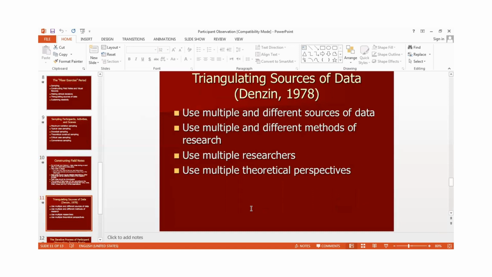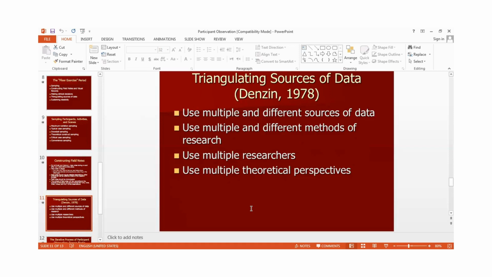Triangulating sources of data. Use multiple and different sources of data. Use multiple and different methods of research. Use multiple researchers. Use multiple theoretical perspectives. For example, in a research you are conducting an interview and you want to know the prices of which items are increasing more nowadays in the market.